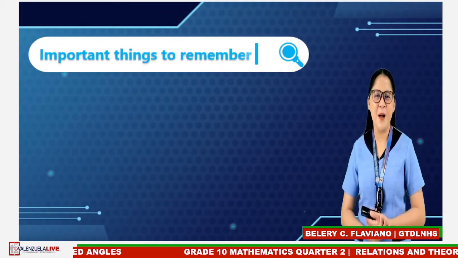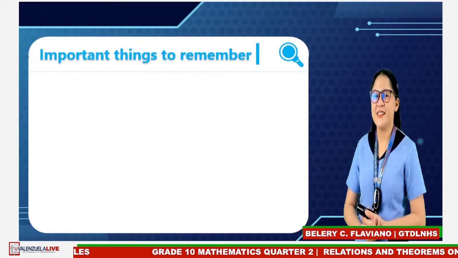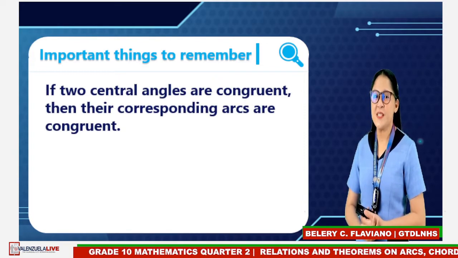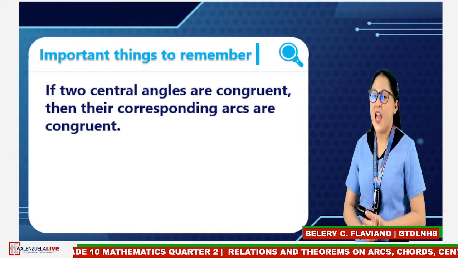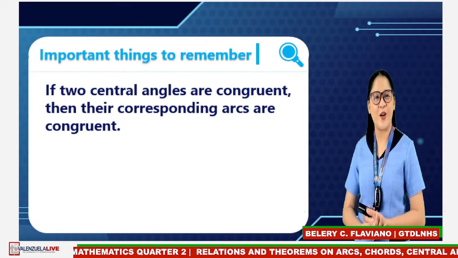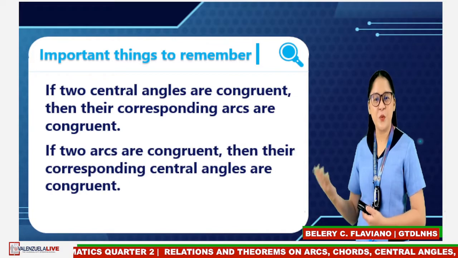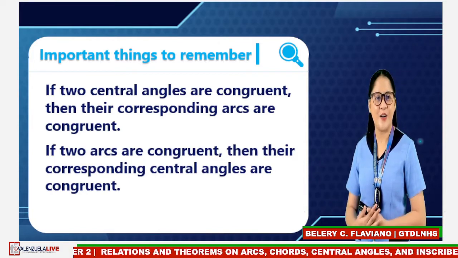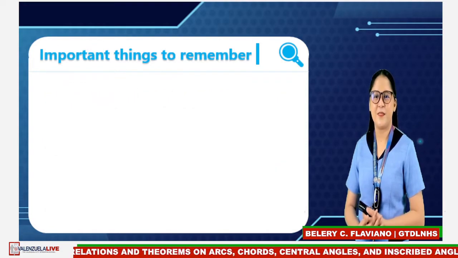Alright, to wrap up our discussion, here are some important things to remember. If two central angles are congruent, then their corresponding arcs are congruent. If two arcs are congruent, then their corresponding central angles are also congruent.